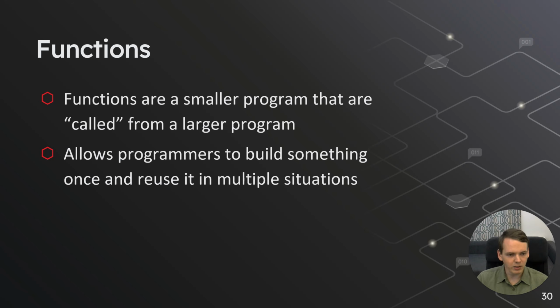I could write a function that calculates the standard deviation, and then I can just put that in my program. Anytime I want to calculate the standard deviation, I might have something like standard deviation, and then I plug the data in. And then I don't have to rewrite that whole calculation out here because I've written it over here somewhere. So the computer takes that data, plugs it in, and brings the output back to my program.